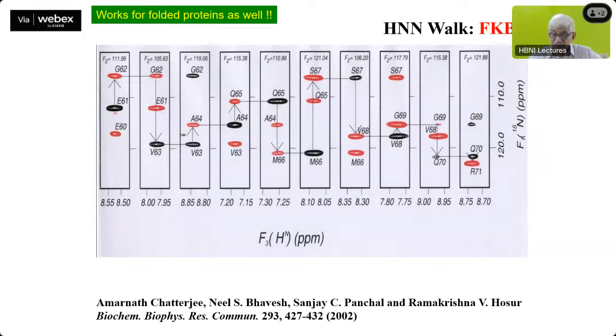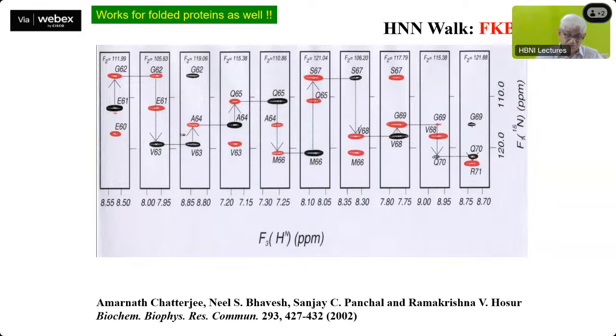Because there is a G on the left at 69 position, the patterns are different. You see, this is Q70 self peak, Q70 to 69. So you go 70 to 69, that is here.